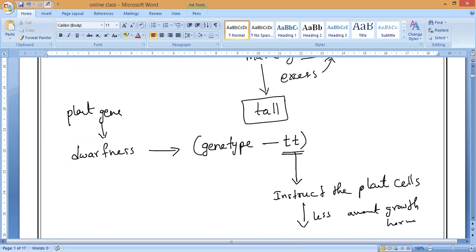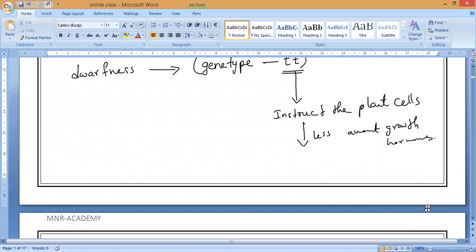So it will give the instructions to the plant cells to produce less amount of growth hormones. Then a very small amount of growth hormone will be produced. So due to the growth hormones being less, the plant will remain short, and it will become a dwarf plant.